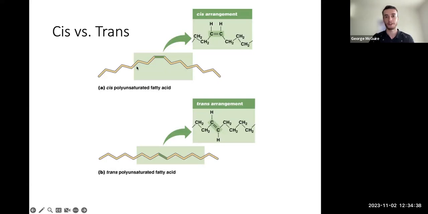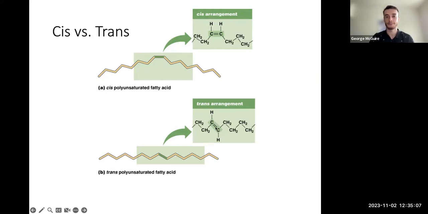Here's a depiction of what I was talking about with this cis versus trans arrangement. Natural unsaturated fats are in this cis formation. We have our double bonded carbons, and each carbon has one hydrogen attached to it. Those hydrogens are on the same side of this structure, and thus that pushes the shape of the tail to create that kink, that bend. In trans fatty acids, we still have a double bond.